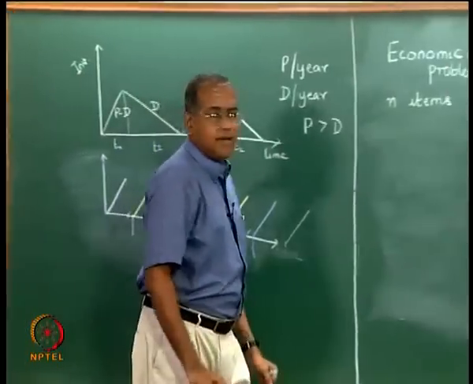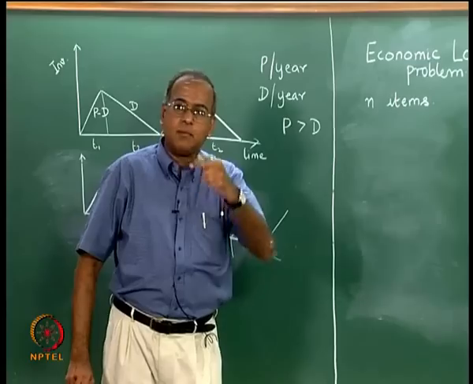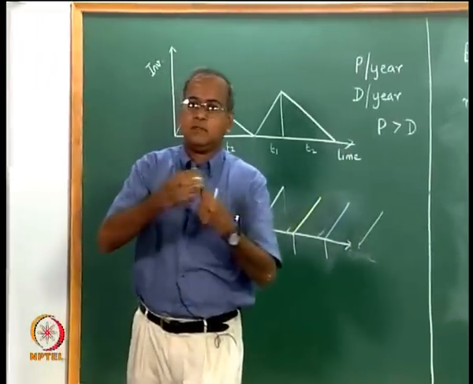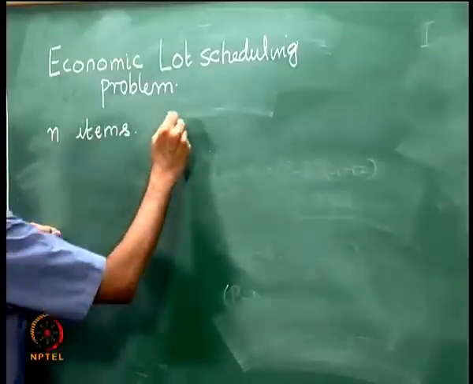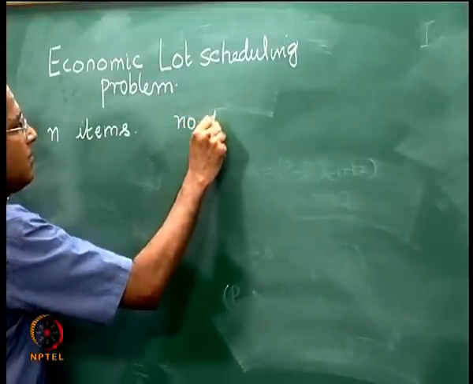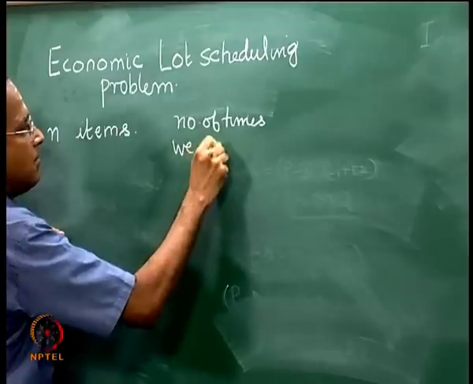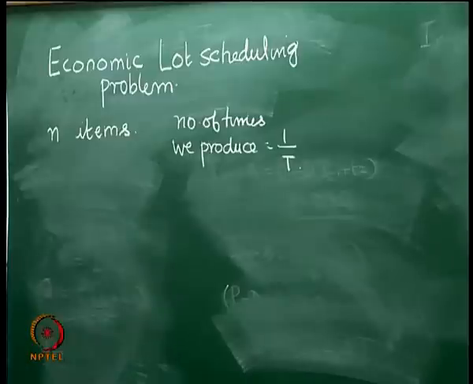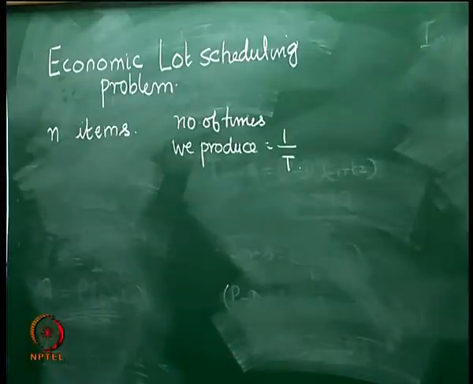So, if the cycle time is T years, then the number of times we produce is 1 by T. So many times in the year we produce. So, number of times we produce is equal to 1 by T. The production quantity is the total demand divided by number of times you produce.